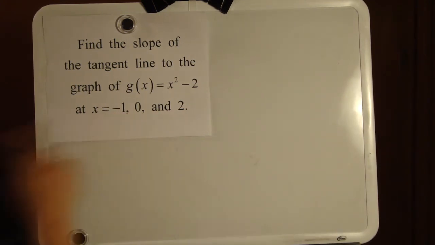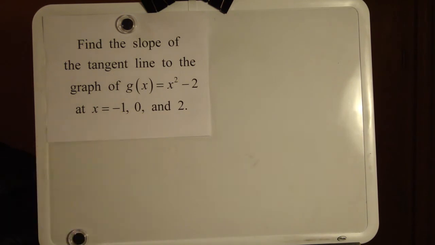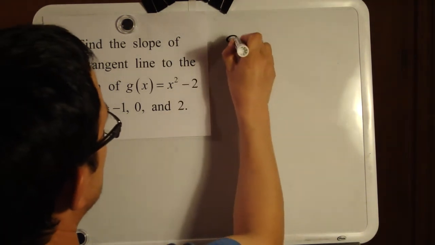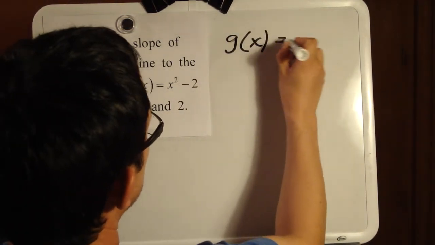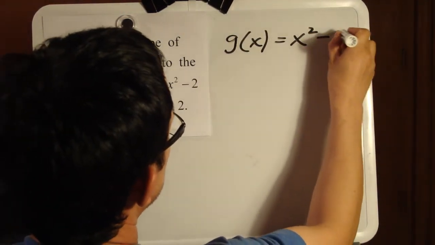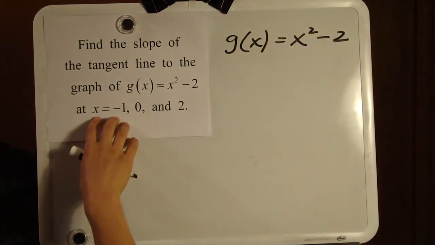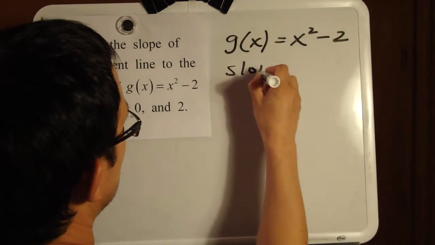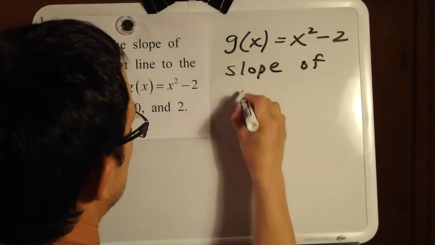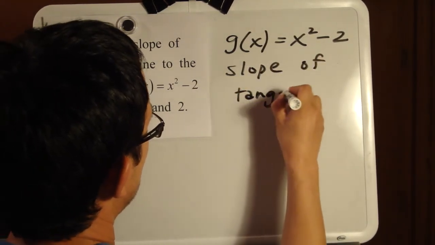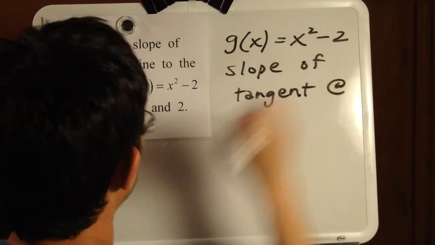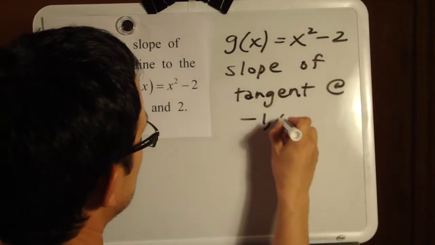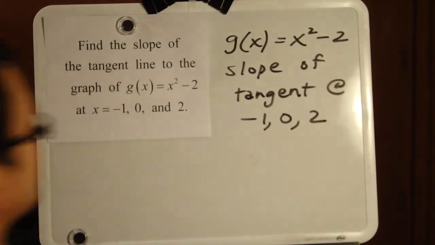Right, so we're going to look at x equals -1, 0, and then also 2. So I'm going to write down the function here. So g of x equals x squared minus 2. And we want the slope of the tangent line at 3 different locations. So at -1, 0, and then also at 2.